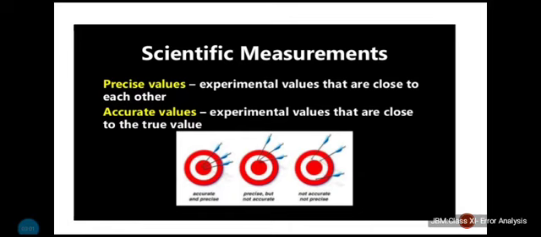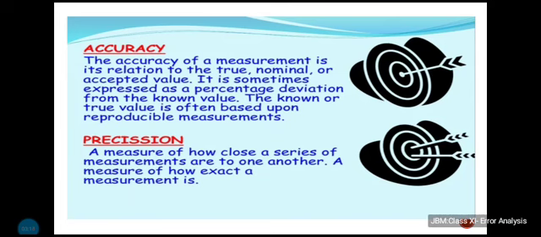But what about precision? Precision tells us to what resolution or limit the quantity is measured. A measure of how close a series of measurements are to one another. A measurement of how exact it is.